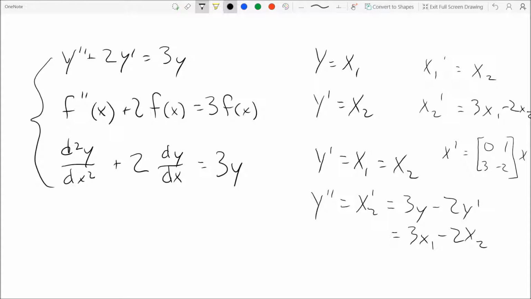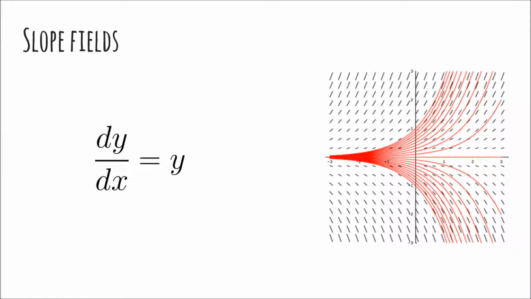But in general, most differential equations can't actually be solved explicitly, and so you're going to end up numerically solving them. Even though we can't actually solve all the differential equations, one thing we can do to visualize a differential equation and try and get an intuition on what it's doing is called a slope field.